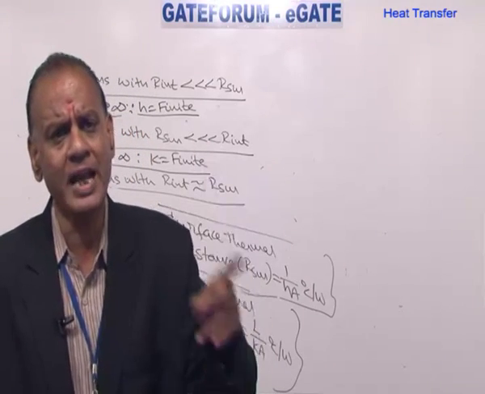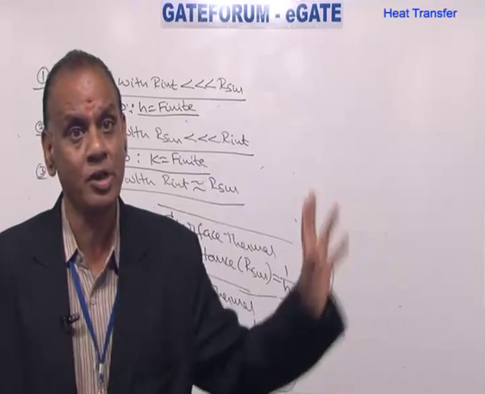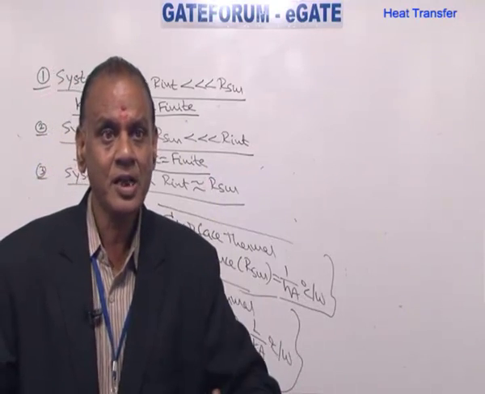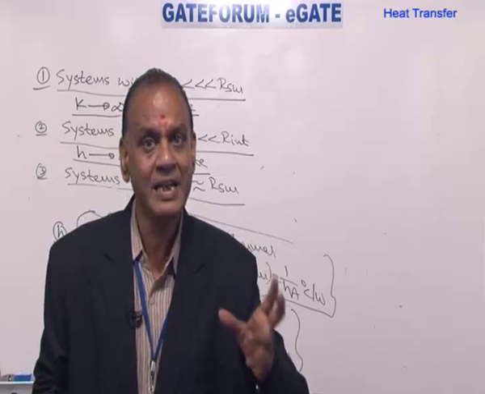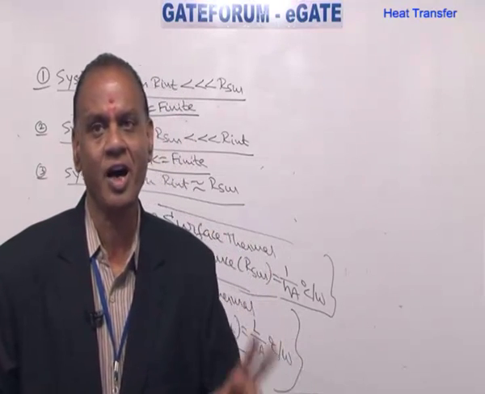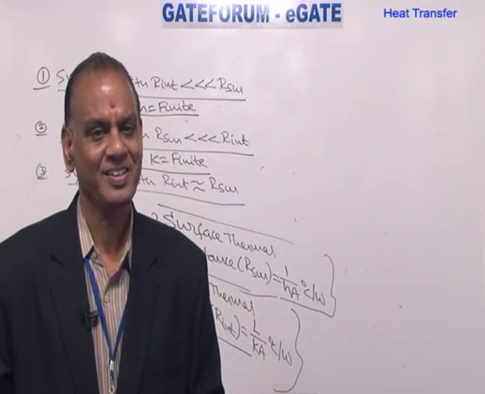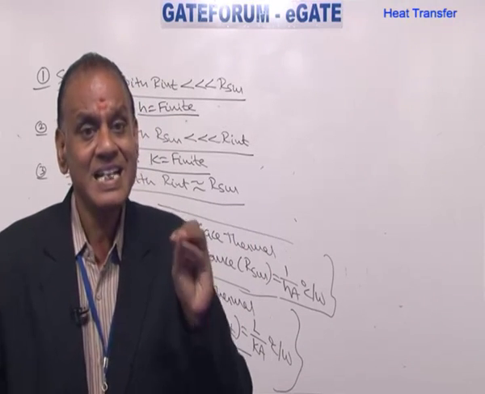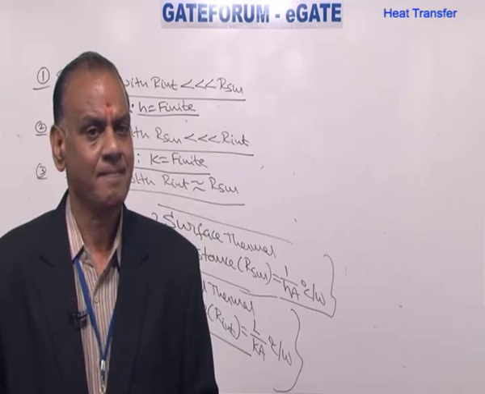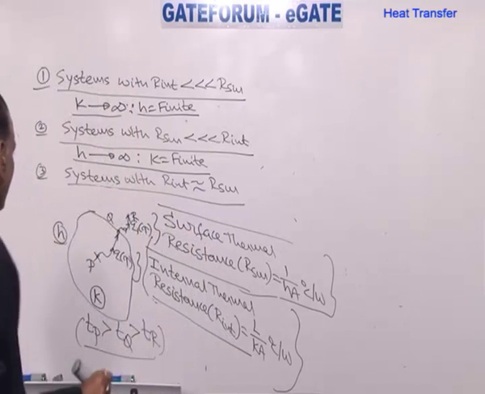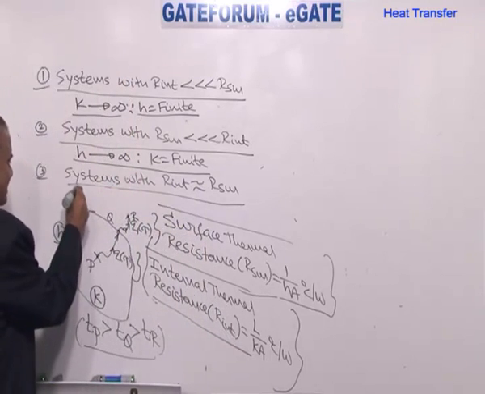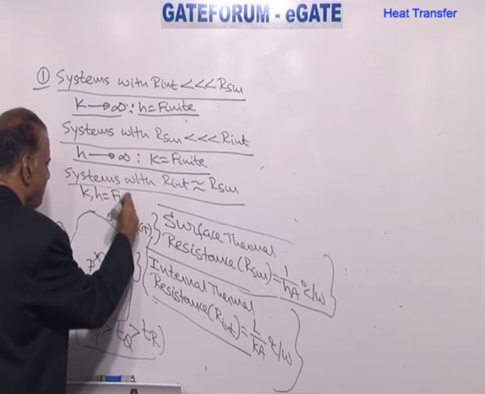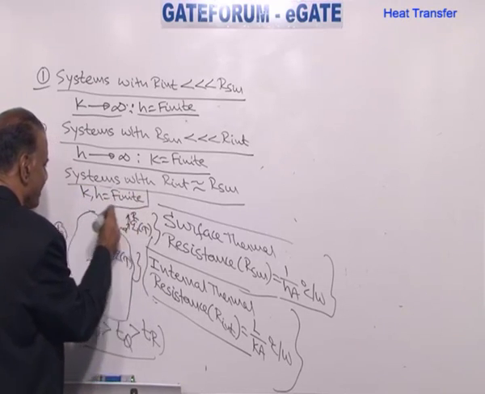We can never ever talk about only K or only H independently. It's not absolute comparison, it's relative comparison. That's why we said, depending upon relative magnitudes of R internal and R surface. We look at both the resistances in tandem, simultaneously. Then, in order to have both the resistances comparable, K and H, both of them must be finite.